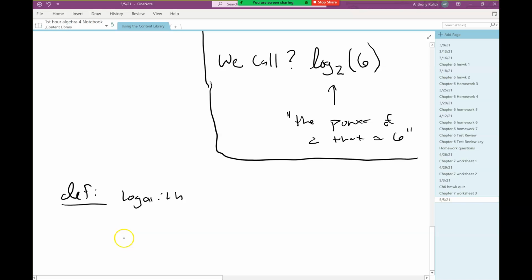So if we have, say, b to the x is equal to y, that's equivalent to that value for x, that exponent, we call log base b of y. So it's the power of b that gives us y, or that's equal to y.